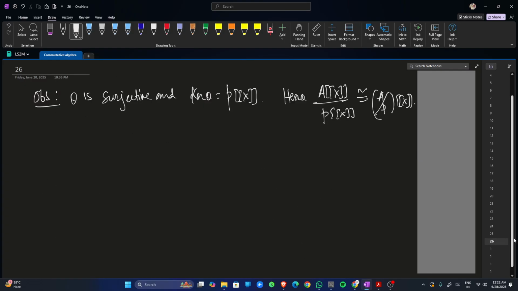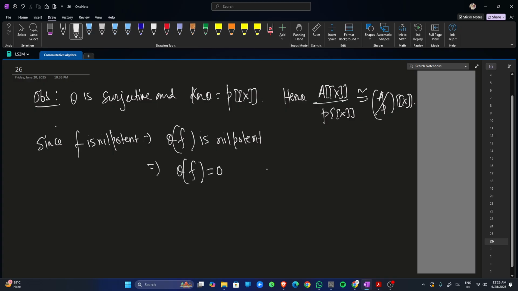So since F is nilpotent, this implies theta F is also nilpotent, right? That implies theta F is 0 as (A/P)[[X]] is an integral domain.